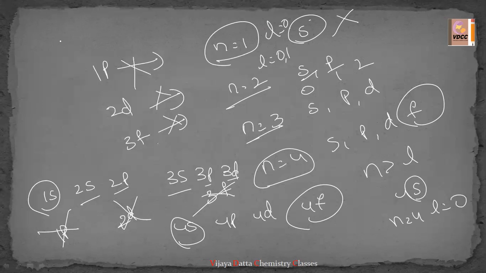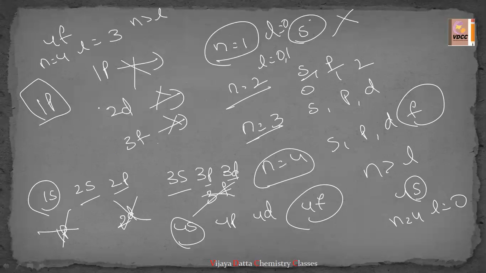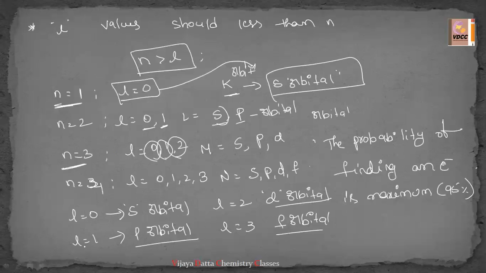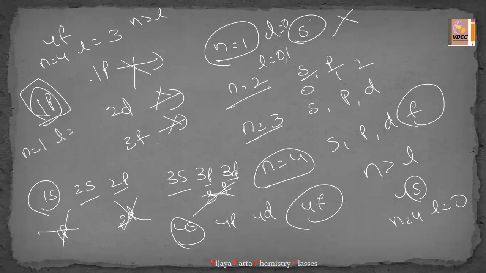If you write 1p, 1p is not existing. Why is it not existing? Still you may have a doubt. For 4f, n equal to 4, l equal to 3 for f, always n greater than l. If you write 1p, the n value is 1, but the l value for the p orbital is 1.